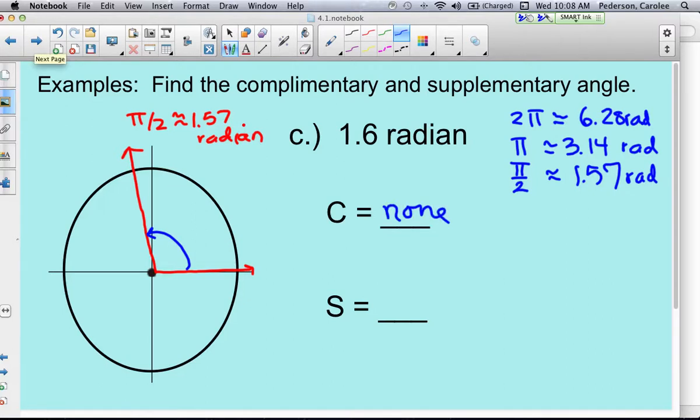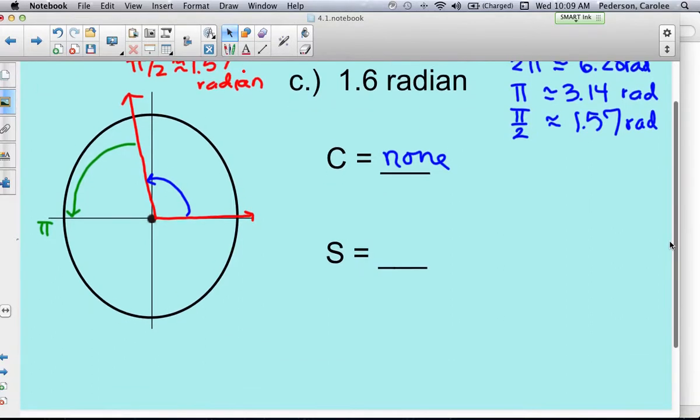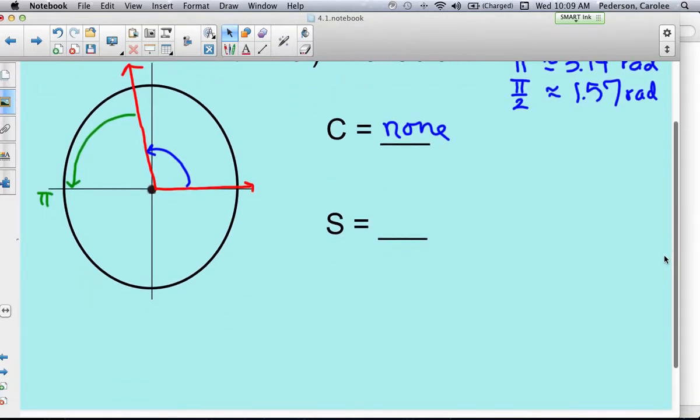Now I have to figure out what is the distance from this terminal side to pi. Now you have to pretty much use that subtraction method. So take your pi, subtract out 1.6 radians.